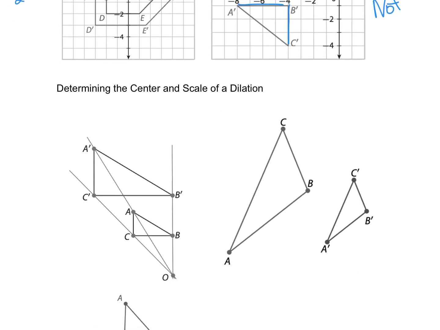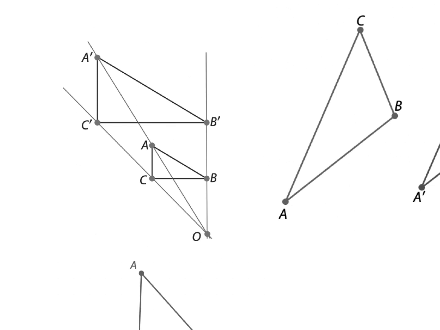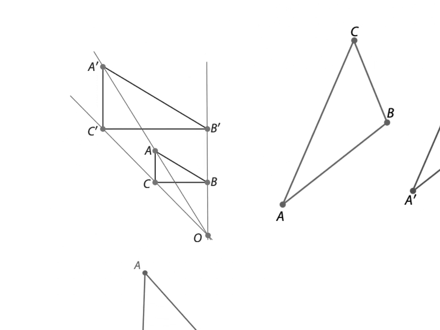So determining the scale factor of a dilation. All right, so here is the center of dilation. And I'm going to estimate these. I'm not actually going to get a ruler and try to measure.